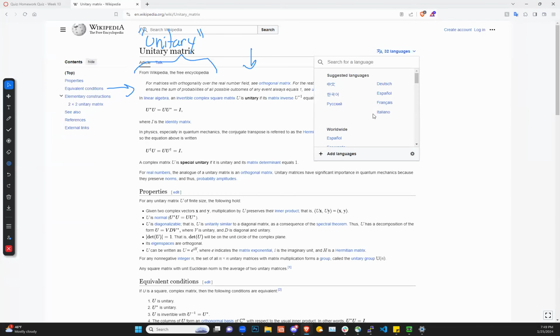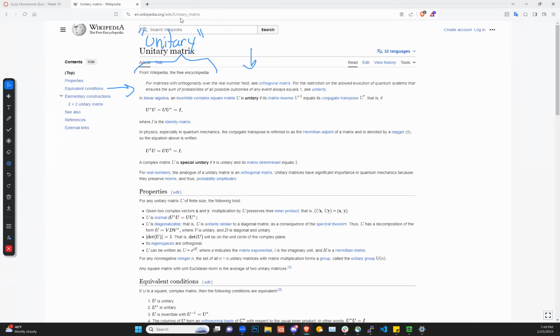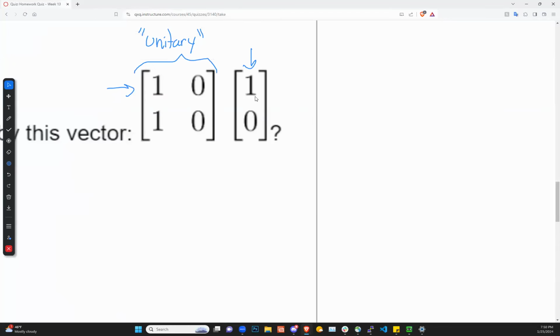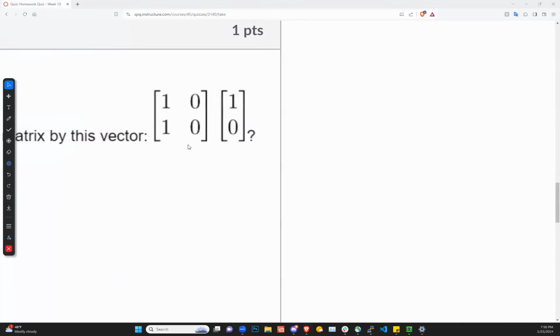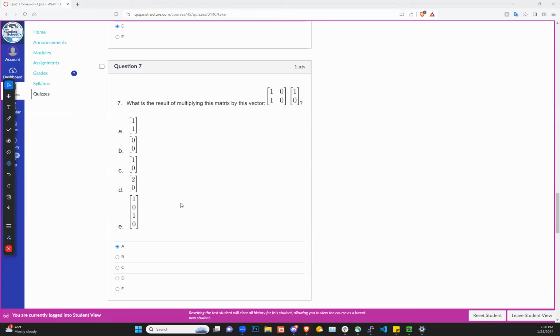Usually there's a simple English one that gets rid of the messy definitions, but this is a Wikipedia page that talks about unitary matrices. It's probably going to be difficult to understand. So if I have a little extra time after and you have any questions, I'm more than happy to answer that. But just to get through the problems here, I'm going to continue.